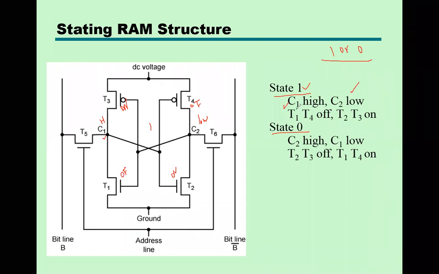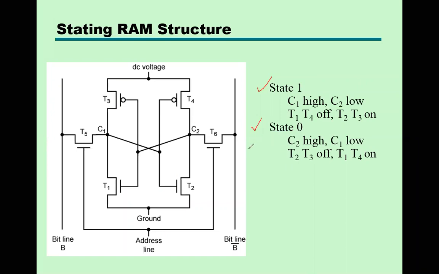If C1 is high and C2 is low, the state is 1. Vice versa, if C2 is high and C1 is low, then the state is 0. So we can easily identify whether it is holding 1 or 0.